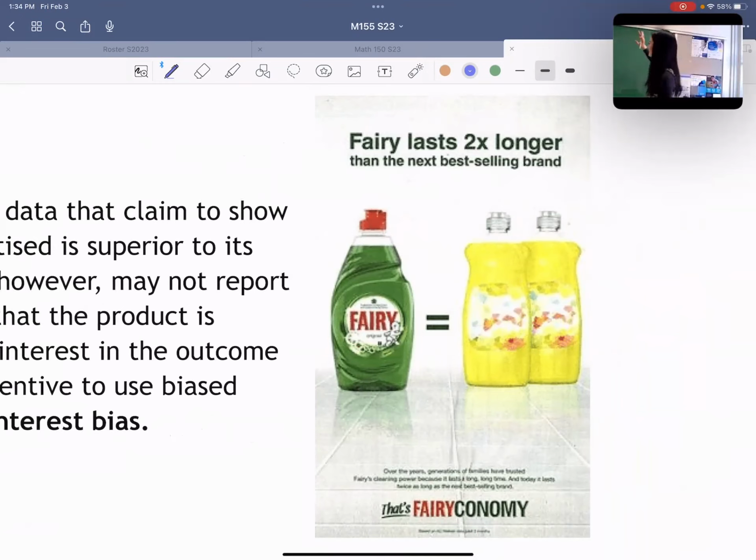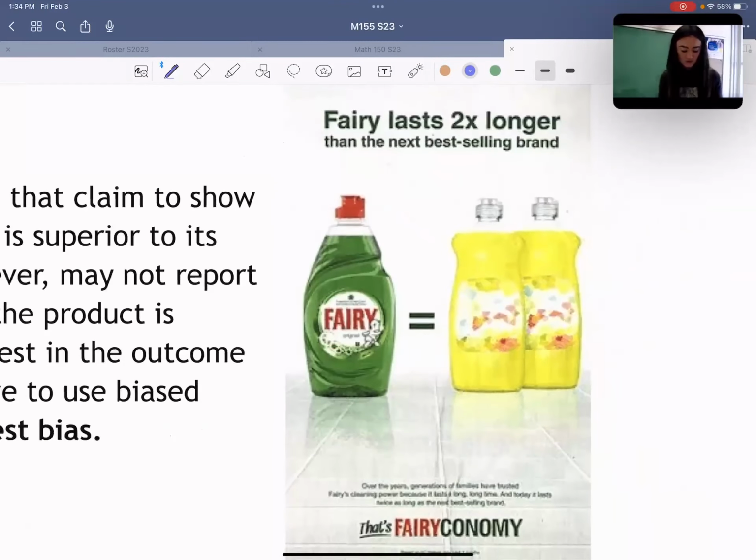This one is, I think, fake, because I don't think there's a brand called Fairy. I've never seen that, but it says, our dishwasher fluid Fairy equals 2 of this other fluid, right? Now there are no results from a sample here. They're just saying 1 equals 2. There's no scientific thing going on here.